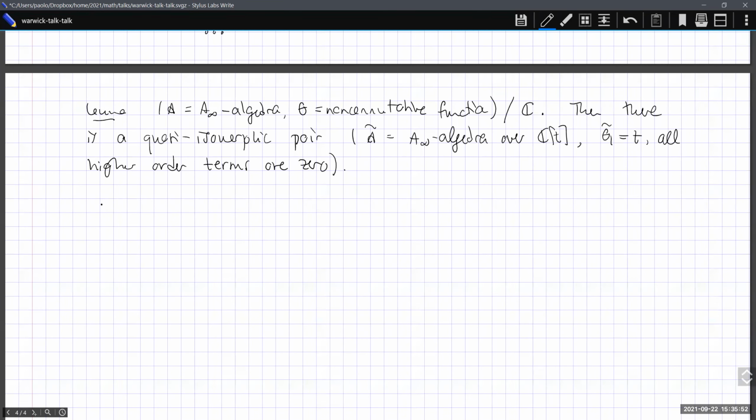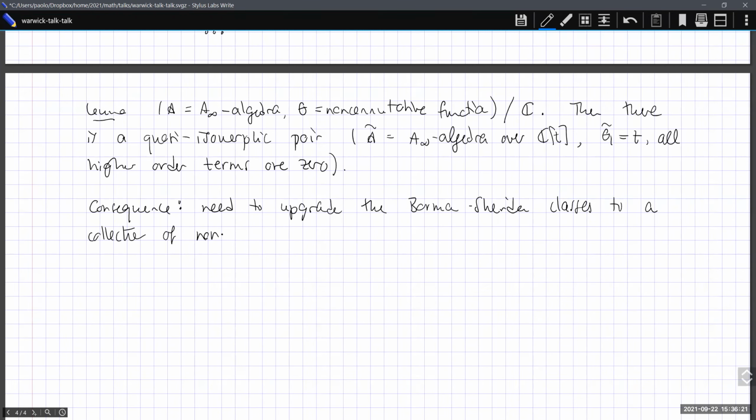So the consequence of this discussion is that we need to upgrade the Borman-Sheridan classes to a collection of non-commutative functions.